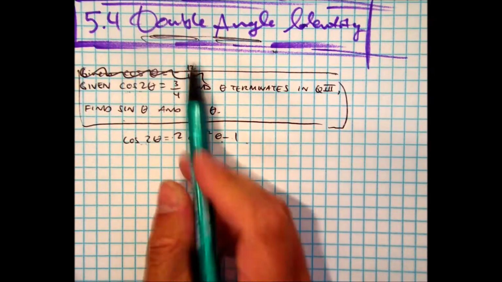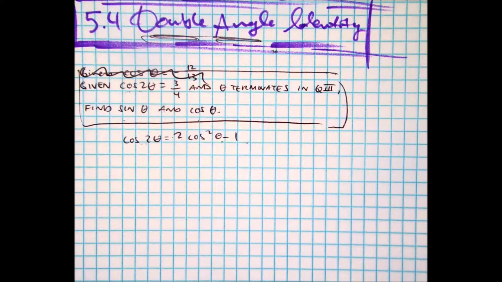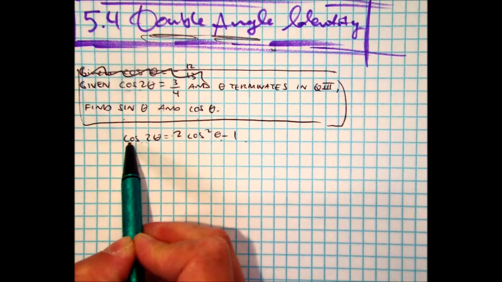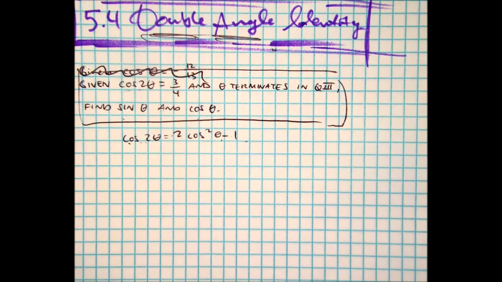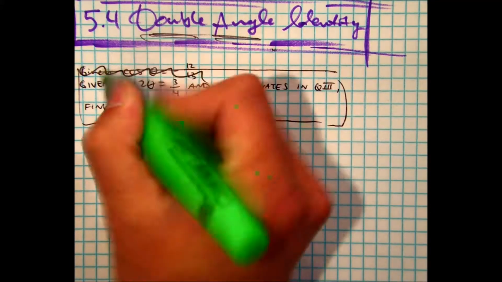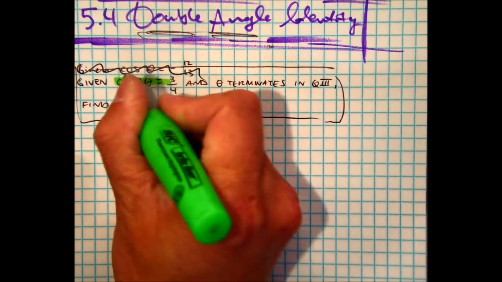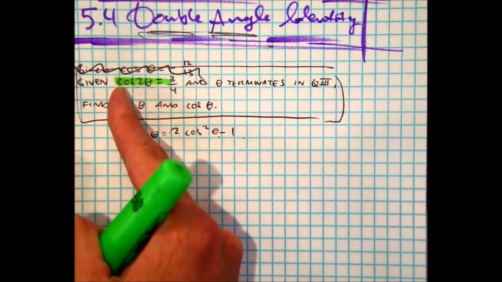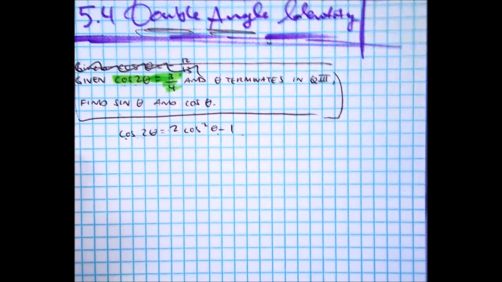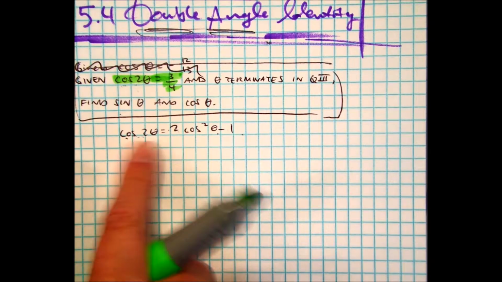Everyone say double angle identity. We're going to use the double angle identity for what? Cosine. So let's use our first clue. The first clue is that they tell us that the double angle identity for cosine is equal to 3/4. Well, I see it right here.